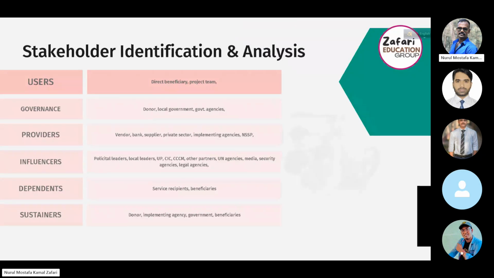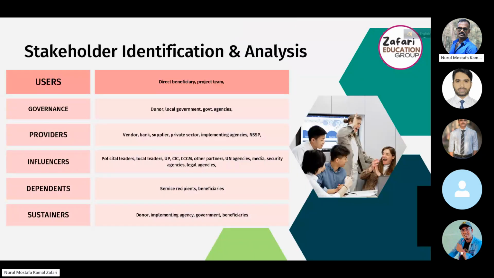During this project identification and definition phase, we need to identify the stakeholders of the project. So in this phase, we need to identify who will be the project stakeholders and also what their roles are. For example, in a development project, we will see the users, who will be the project beneficiaries, and also the project team.